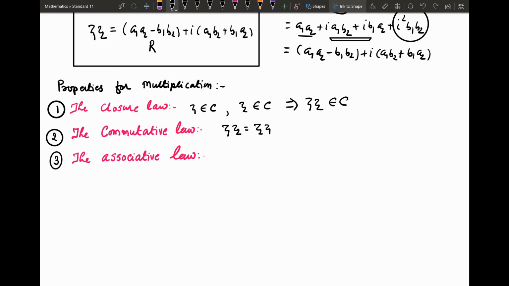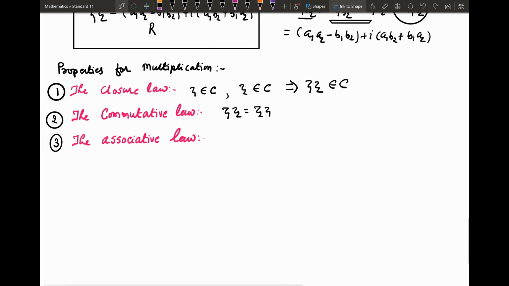According to this associative law, Z1 into Z2 into Z3 is the same as Z1 into Z2 into Z3, with the grouping changed. So this is the associative law for multiplication.